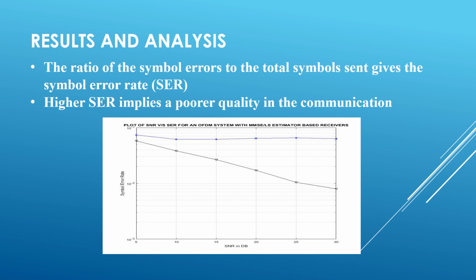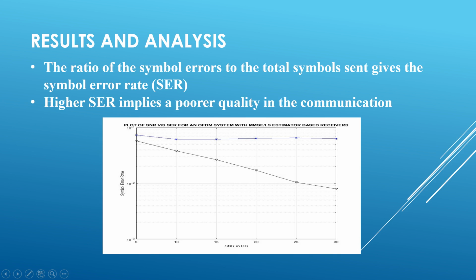Another factor to analyze the LS and the MMSE estimators is the SER. SER basically stands for symbol error rate. It is the ratio of the symbol errors to the total symbols sent. So basically, if the SER is higher, it implies a poorer quality in the communication.